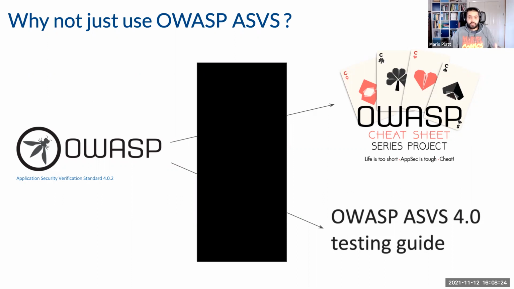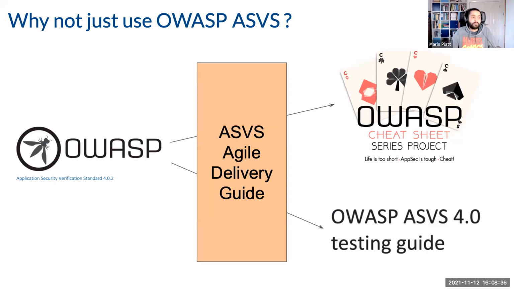What I think is missing, and the reason we got together to create this project, is that there really is this black box in the middle: what happens in an agile process, and how we can integrate ASVS into an agile process. That's why this project was created, to serve as a bridge, ideally providing a list of off-the-shelf user stories that you can adapt in your own context.